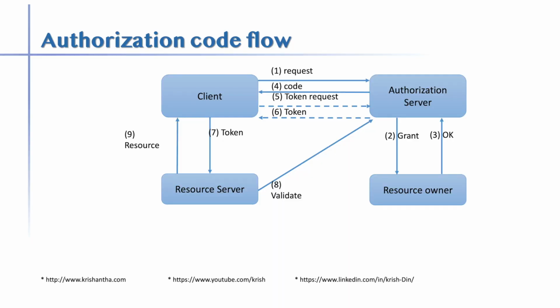To obtain the code, you only need to give your client ID. In the first request, you send the request, check with the resource owner, get the consent, and then send the code. For this flow, you only need to give the client ID. But to obtain the token, you need to provide the client secret.